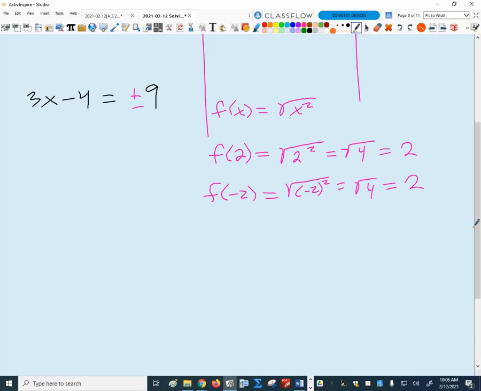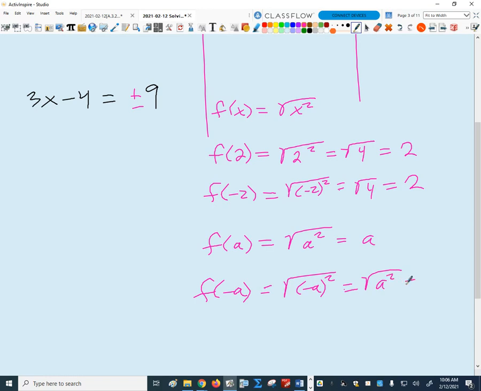What if I just input an a and a negative a? Let's just try that. I input an a, I get the square root of a squared, which is a. If I input any negative number, call it negative a, I get the square root of the quantity negative a squared, which is the same thing as the square root of negative 1 squared times a squared.